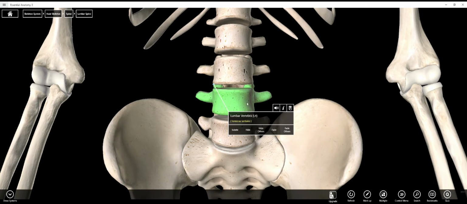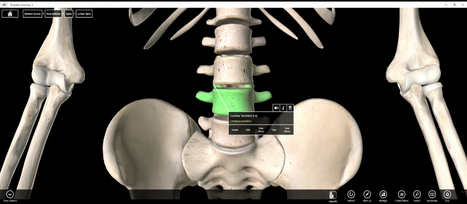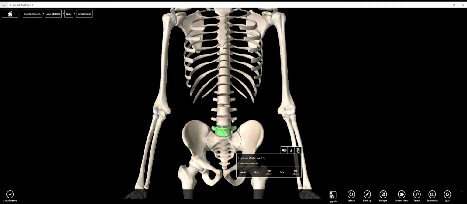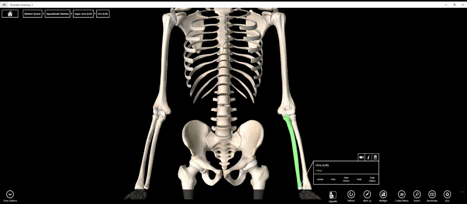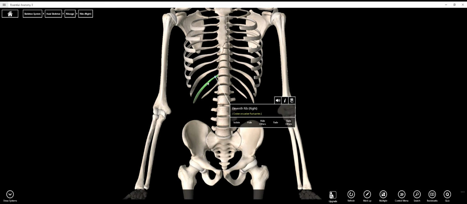The L4 vertebra is inferior to the L3 vertebra. The L4 vertebra is superior to the L5 vertebra. The humerus is superior to the ulna, although there's even a better term for that. Your 12th rib is inferior to your 11th rib. Pretty straightforward. When you're thinking about structures, try to think of their relationship to other structures using these terms.